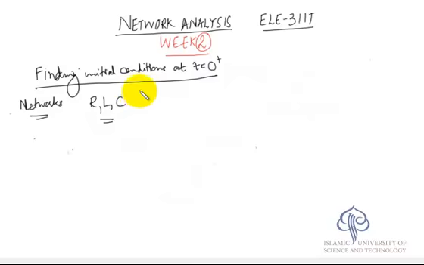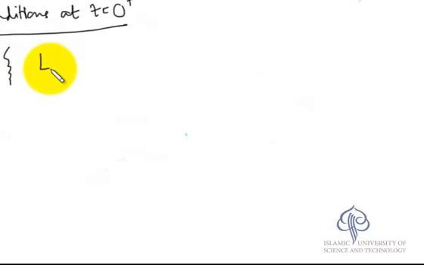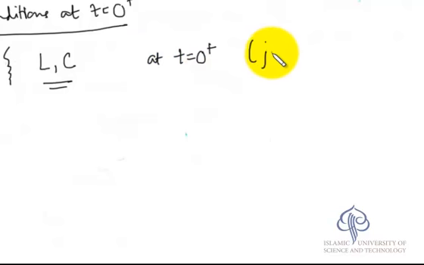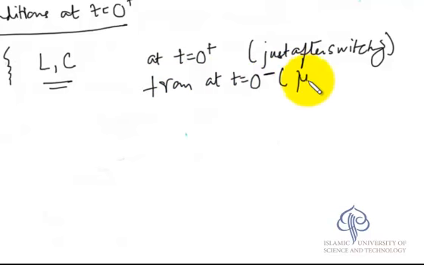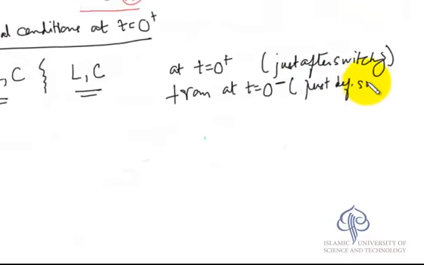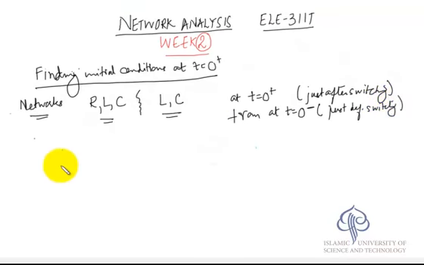And because of the peculiar characteristics of inductor and capacitor, we can write down the initial conditions at t is equal to 0 plus, that is just after switching, where 0 is the switching instant, from our knowledge of the initial conditions at t is equal to 0 minus, that is just before switching. And how is that? Let us take the example of the inductor.